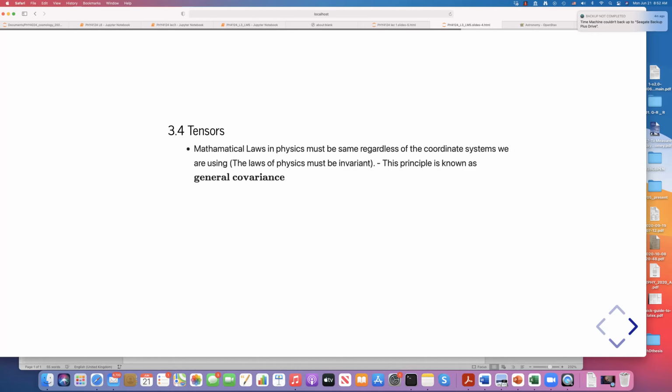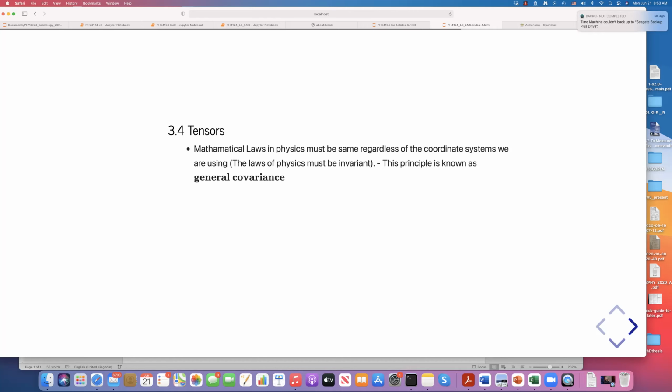Because these laws explain different physical situations. It is a fundamental law in physics that all these mathematical laws that we use should be the same regardless of the coordinate systems we are using, right?